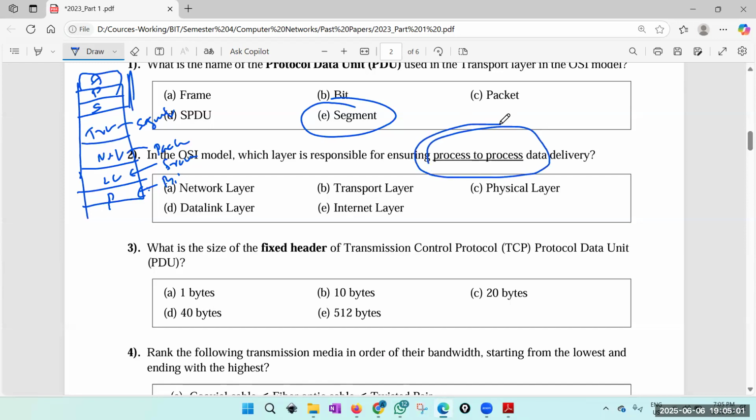Remember the two processes, from this machine to the other machine. These processes are identified by port number. Process-to-process delivery has nothing to do with physical, logical link or network, but starts from the transport layer. That is why we have port numbers to identify the process. So obviously the answer is the transport layer. We have discussed those.